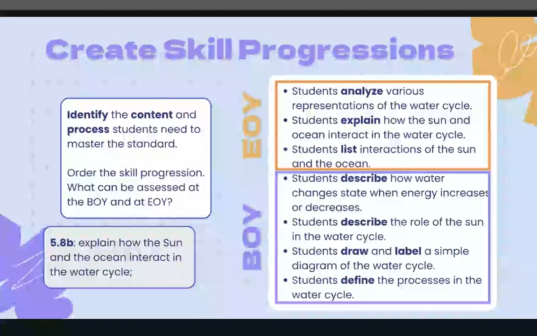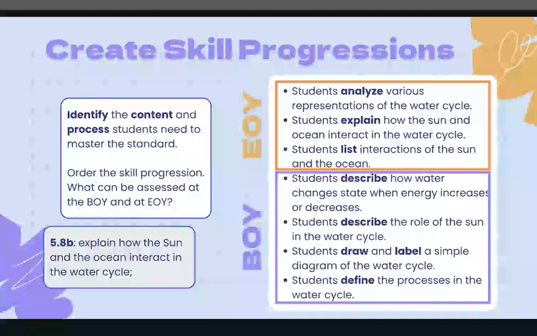Wouldn't it be better if maybe I built my BOY with some more reasonable expectations of what maybe they could do, or maybe they can't do, and that's okay too. But you at least maybe have a better chance of getting a spectrum of where students' performance is at a BOY level if you consider some of these foundational skills and early on pieces of the standard. And then to the end of the year, what they would be expected to do.